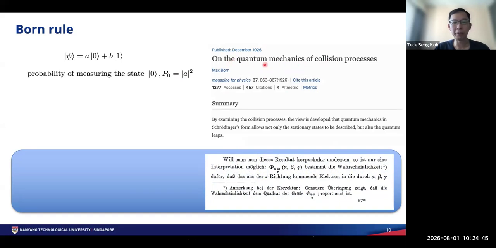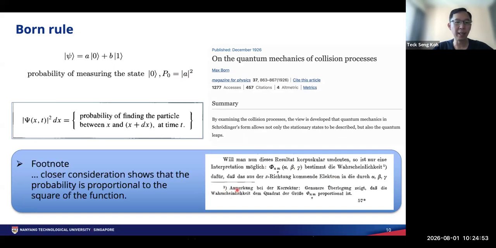He titled it On the Quantum Mechanics of Collision Processes, and it's just a footnote in German. This footnote 1 says that for the wave function, written in terms of the position basis x, closer consideration shows that the probability is proportional to the square of the function. So Born's rule, which is so central to quantum mechanics, is just a footnote in a paper. There's no reason why he just puts it there, and that's what it is.